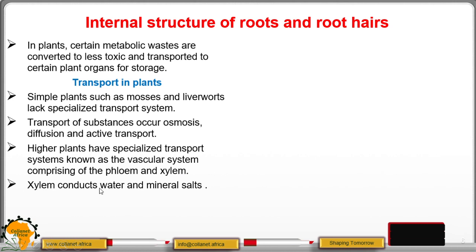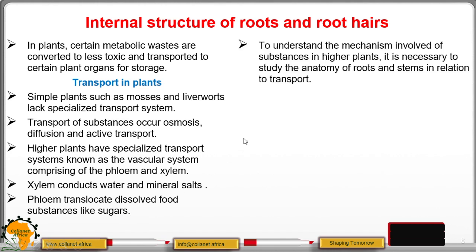Xylem conducts or transports water and mineral salts. On the other hand, phloem translocates or transports dissolved food substances like sugars from the leaves where they are manufactured to the rest of the parts of the plant.